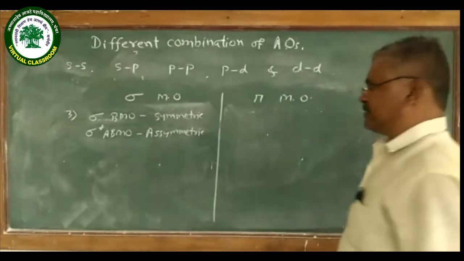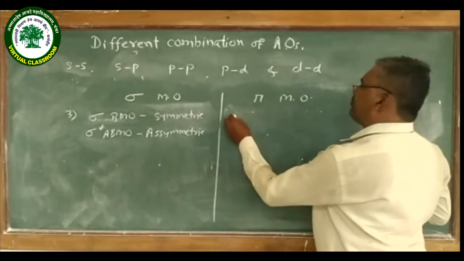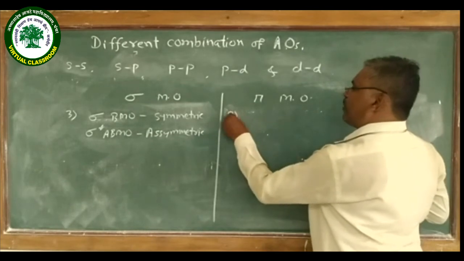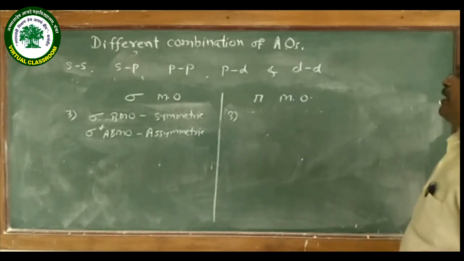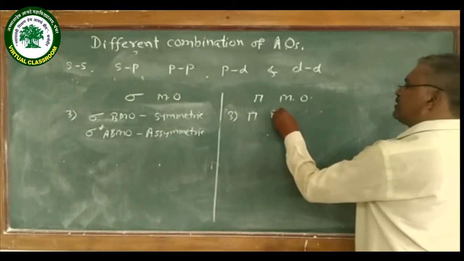about the internuclear axis. If you see about the pi molecular orbital, the third point of comparison will be pi bonding molecular orbitals.